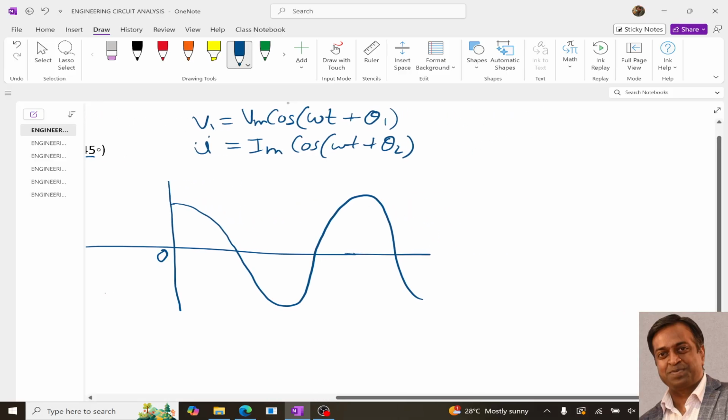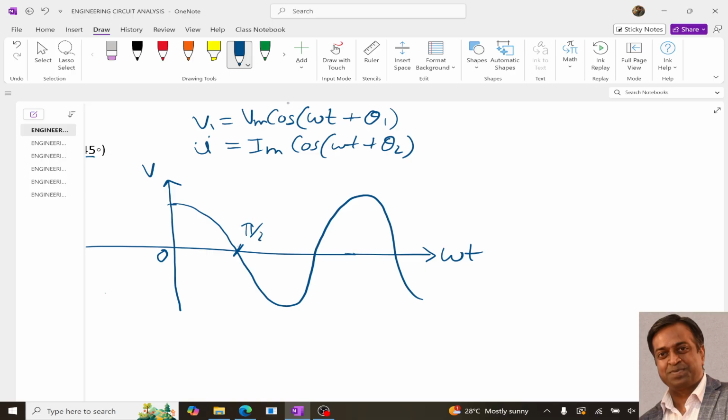This is 0 degree for omega t, and this is the graph for V. The maximum is achieved at 0, then it is at pi by 2, at pi, at 3 pi by 2, and then again the positive maximum is achieved at 2 pi.